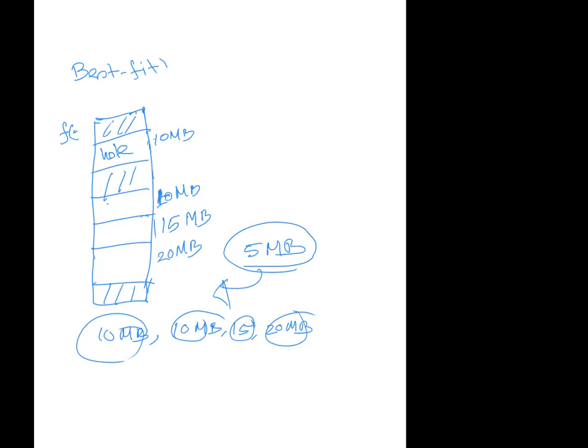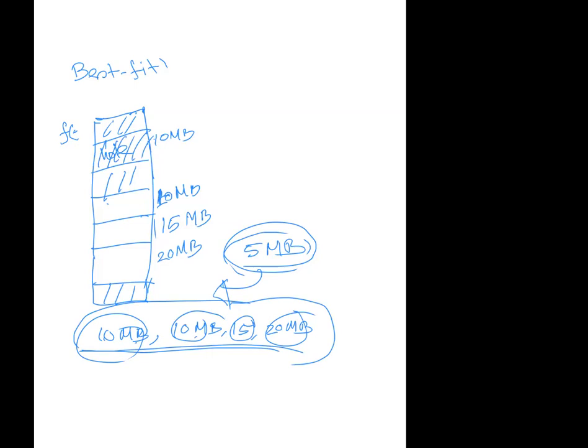So what best fit does among these holes, or among this free space, is it takes the smallest one to fit the 5 MB. Here 10 is the smallest, so it takes the first one to put this process.